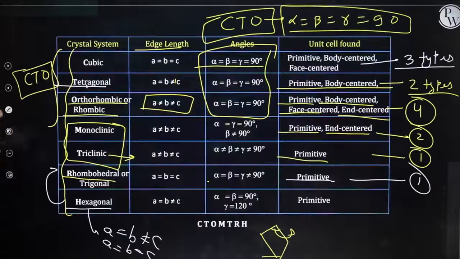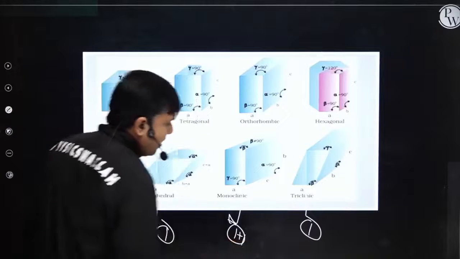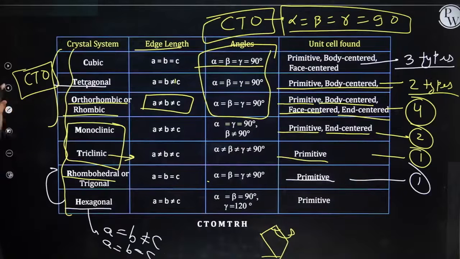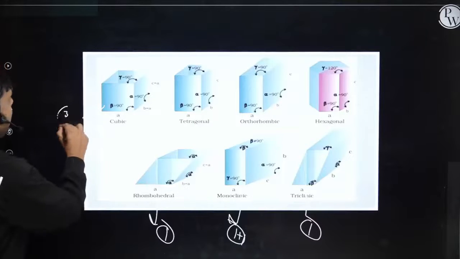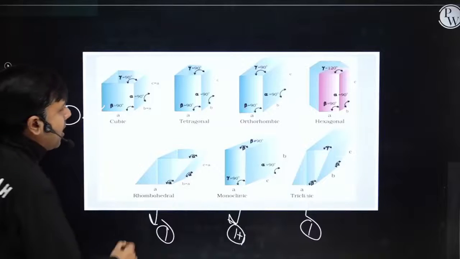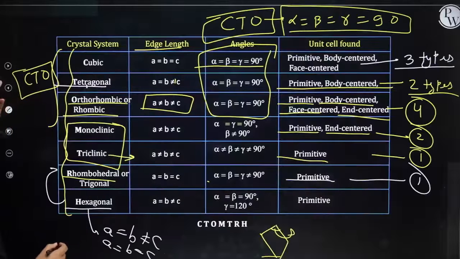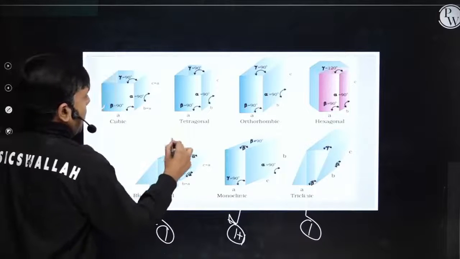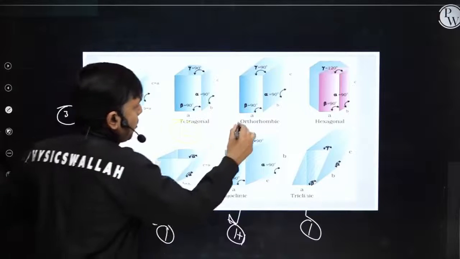In case of monoclinic, two unit cells here, and one in rhombohedral. In case of cubical, we have three types of unit cell. In case of tetragonal, we have two types of unit cell, right? Two types of unit cell here, students. In orthorhombic, we have four types of unit cell.